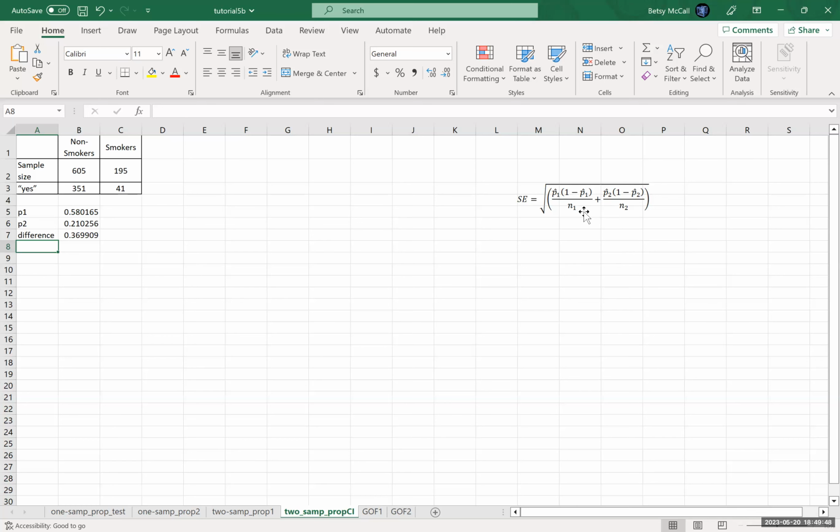I like this version for the confidence interval because it reminds me that essentially we're taking the standard error for the one problem for the non-smokers and the standard error for the other, the smokers in this case, and then we're just adding them under the square root.